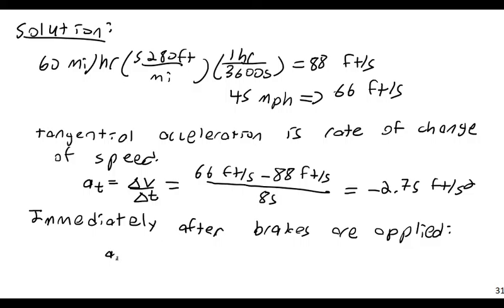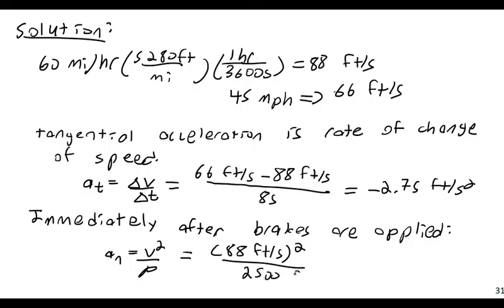But the normal component again is v squared, the speed, over rho. So that's going to be 88 feet per second squared divided by 2,500 feet, or 3.10 feet per second squared.